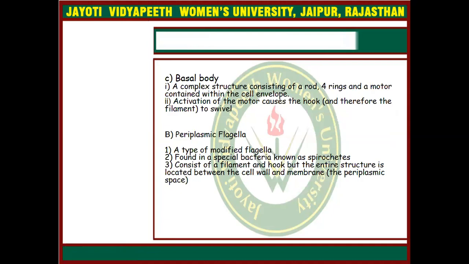It consists of a filament and hook, but the entire structure is located between the cell wall and the cell membrane. It is not on the cell surface; it is between the cell wall and the cell membrane.